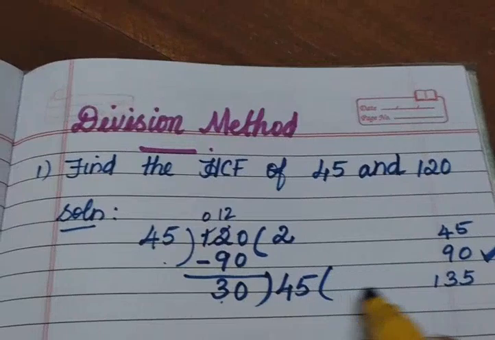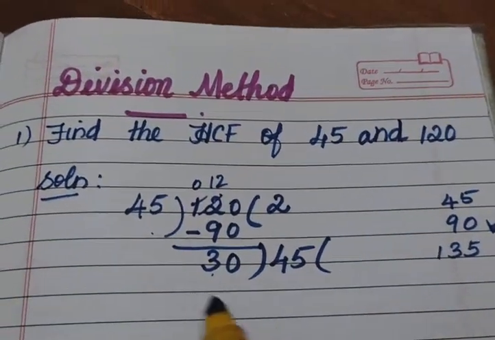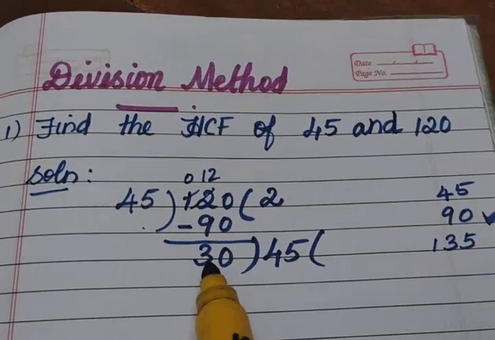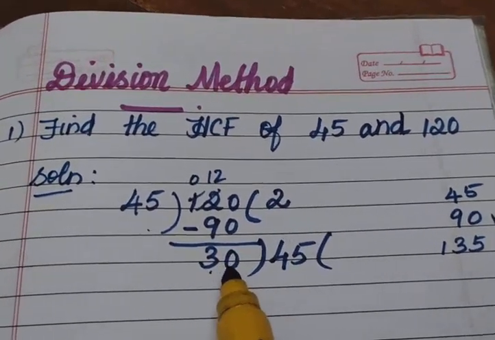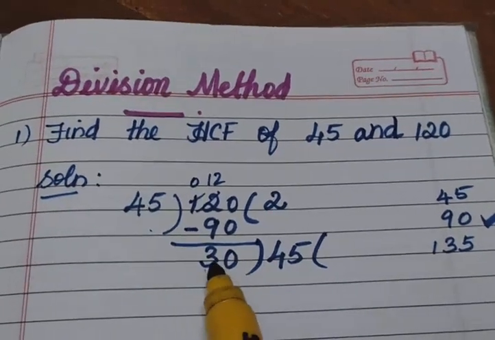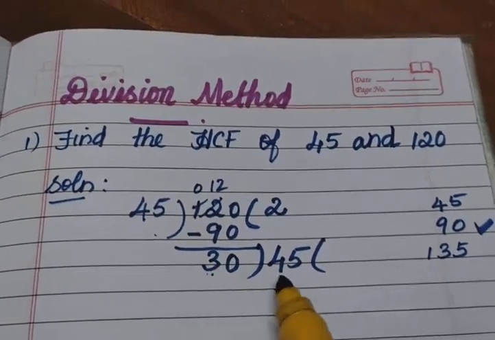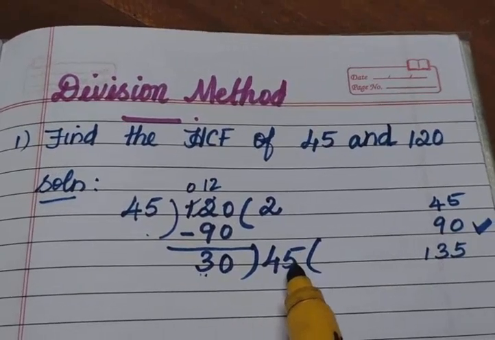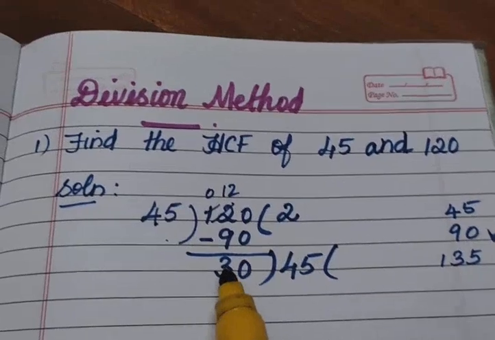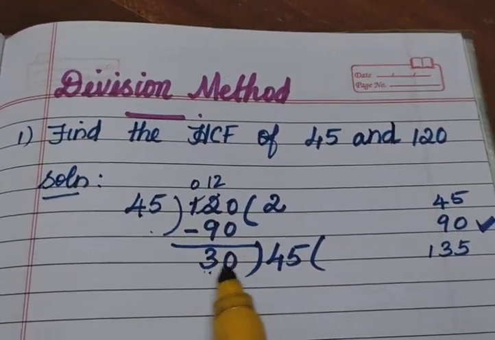Okay children, that is the division method. Now this divisor 45 becomes the dividend and this remainder 30 becomes the divisor.